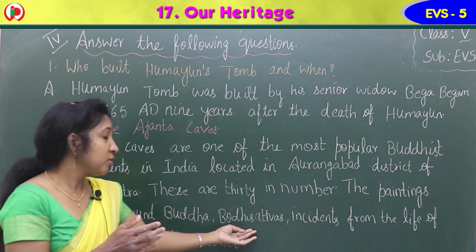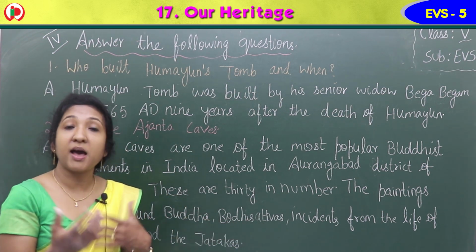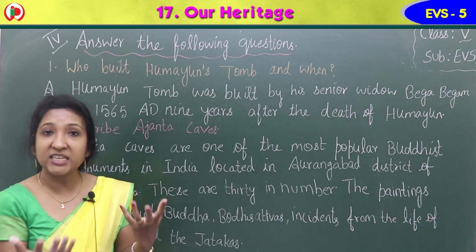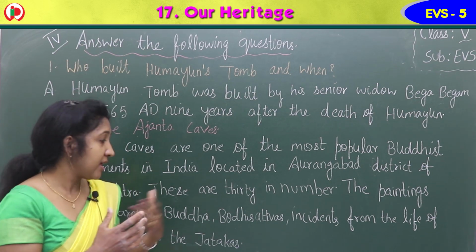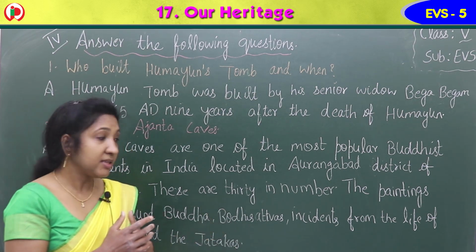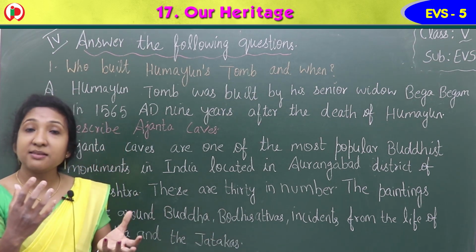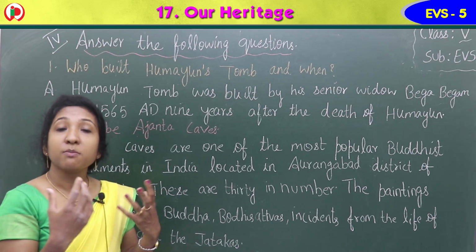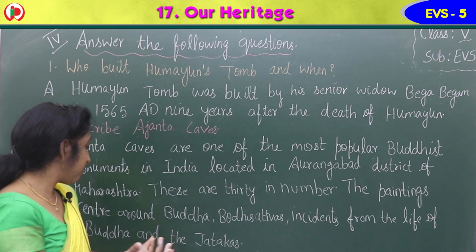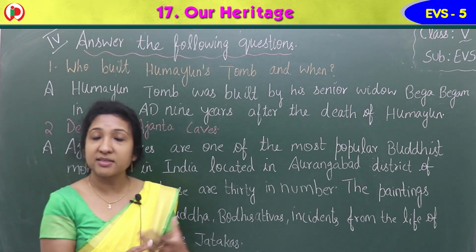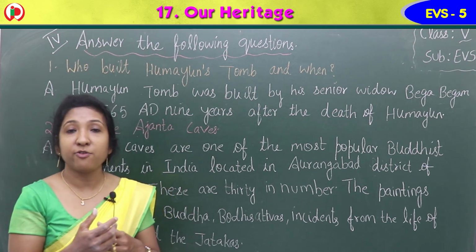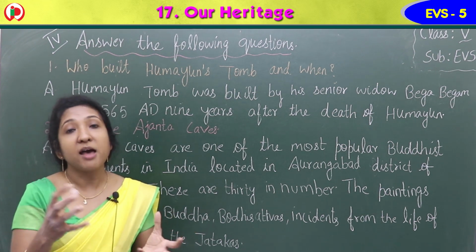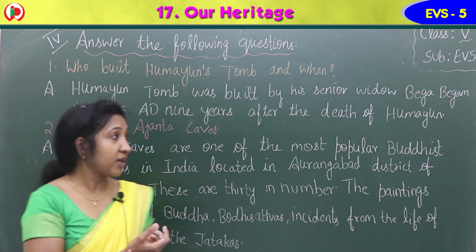Bodhisattvas means, in Mahayana Buddhism, the saint who works for the benefit of others. Then it contains the life history of Buddha, and also Jatakas, in which various stories and former lives of Buddha are mentioned, okay.